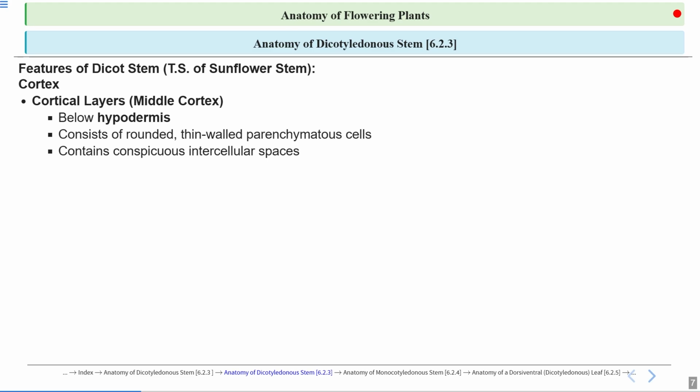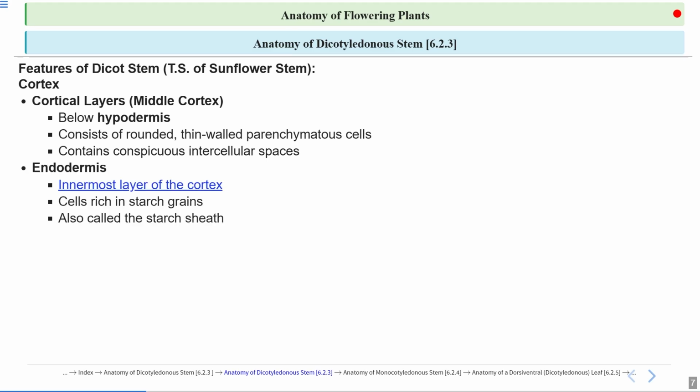Very important point. The third cortical layer is the endodermis. Very important. The endodermis is the innermost layer of the cortex, with cells rich in starch grains, also called the starch sheath.